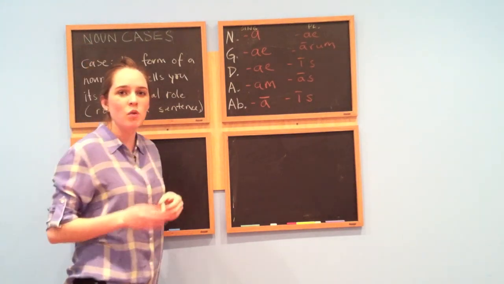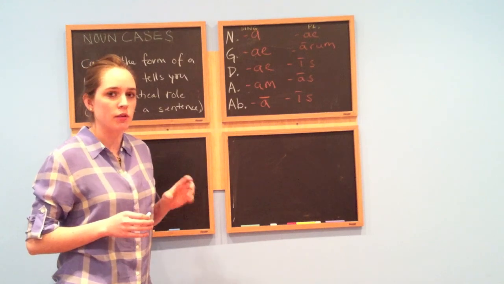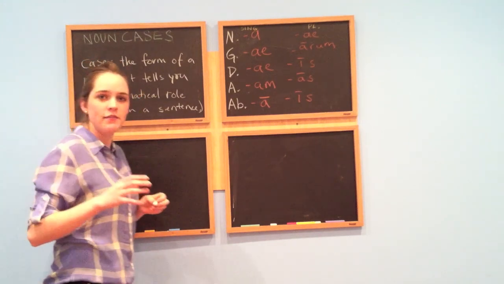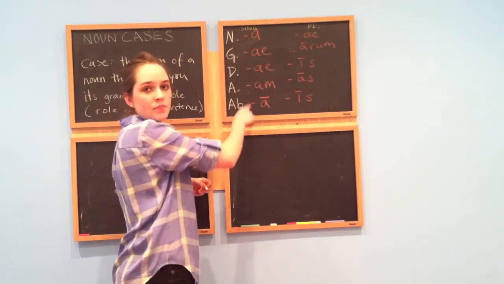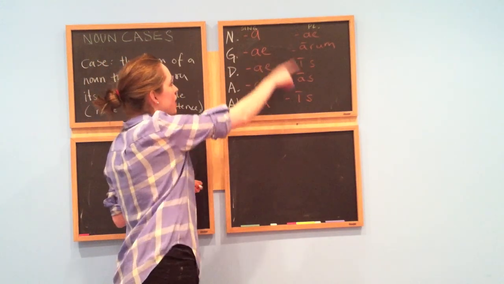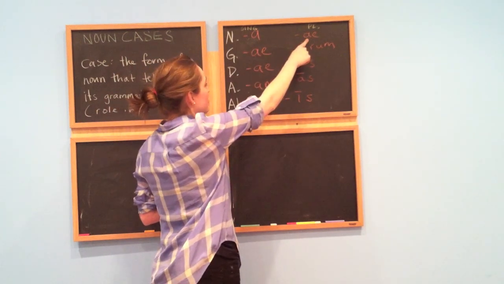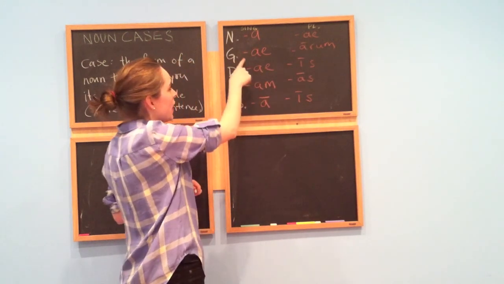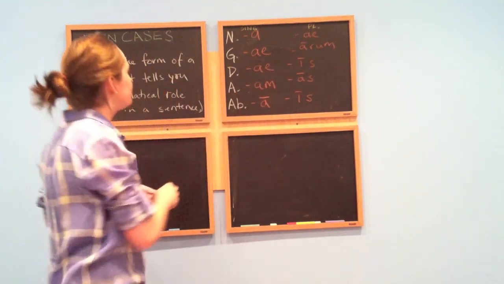Depending on what declension, what family of nouns the noun belongs to, it will have a different set of endings corresponding to each case. For the first declension, in the nominative, it will be a for singular, ae for plural. In the genitive, it will be ae for singular, and arum for the plural, etc.